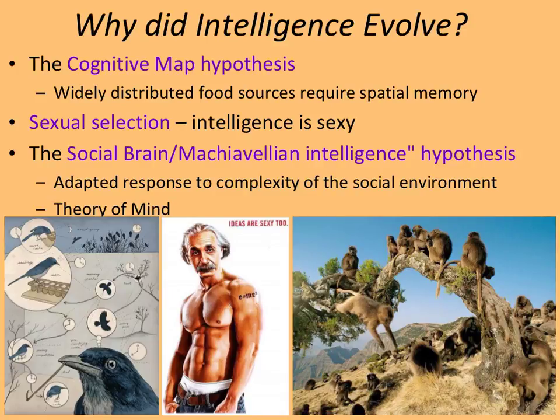Now, there are a lot of hypotheses about why intelligence actually evolved. One is the cognitive map hypothesis. These birds down in the left-hand corner are pinyon jays. They take seeds and bury them all over the place.